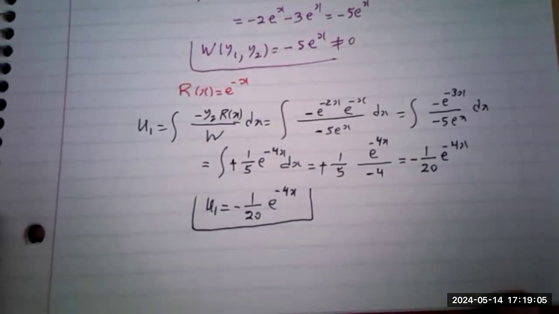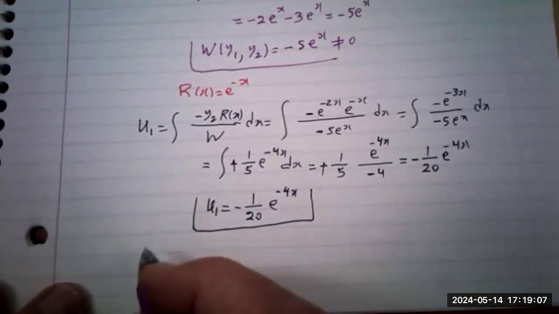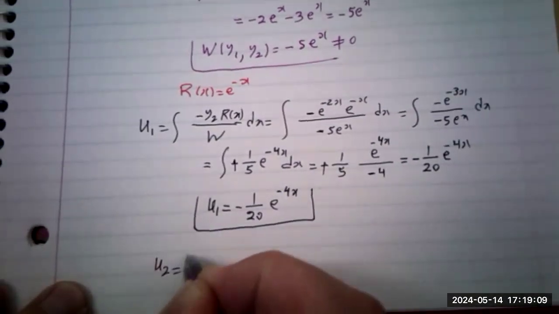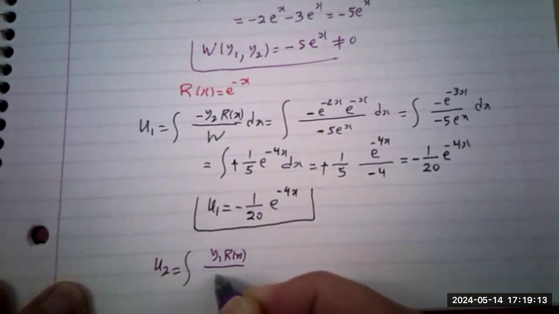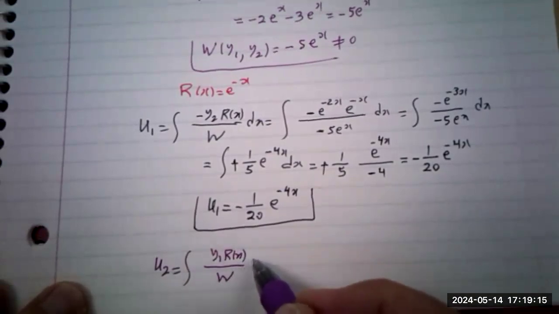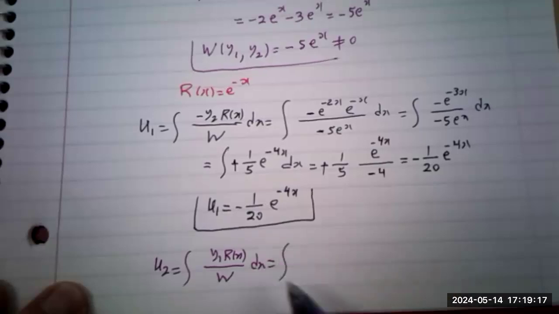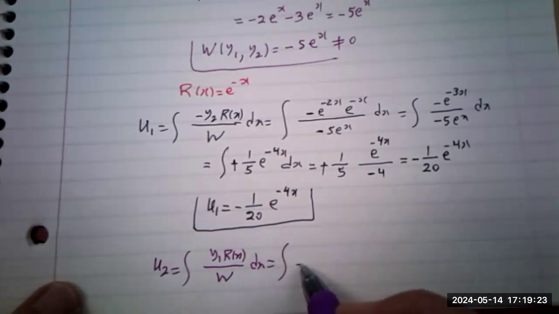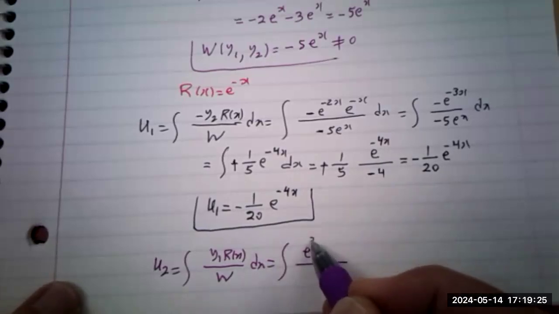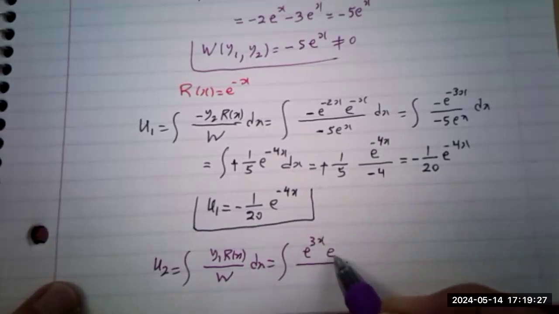Repeat it again to get u2. Okay, u2 is the integral of y1 R of x over the Wronskian dx. Your y1 is e to the 3x, so it's going to be e to the 3x, and R of x is e to the negative x, and the Wronskian is negative 5e to the x.